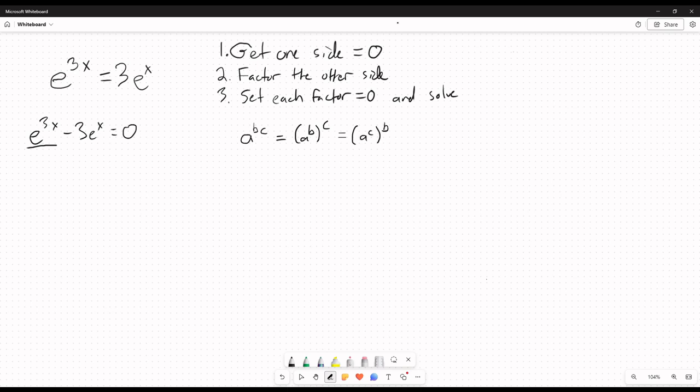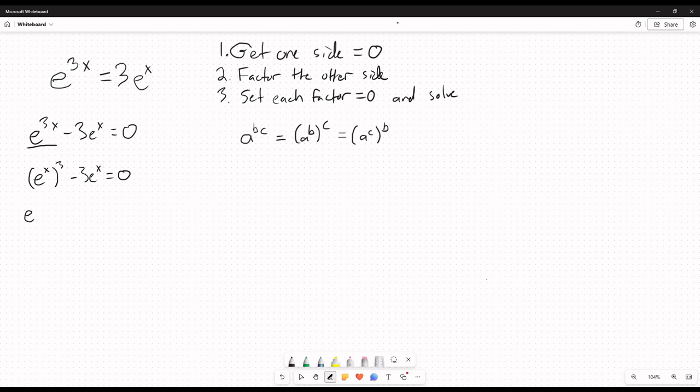What that means is that I can rewrite this as e to the x, all of that cubed, minus 3e to the x. And what that shows me is that I can actually factor out an e to the x. So let's go ahead and do that.